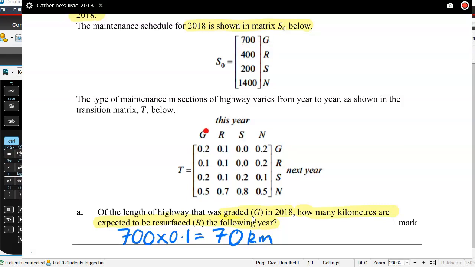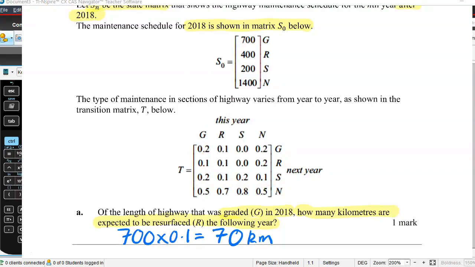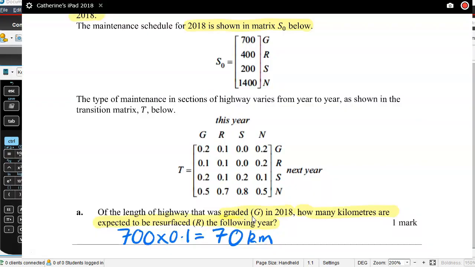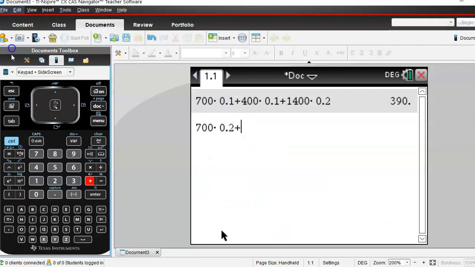Of the 700 kilometres, 20% are going to be sealed. Plus, of the resurfaced, 10% are going to be resealed. So 400.